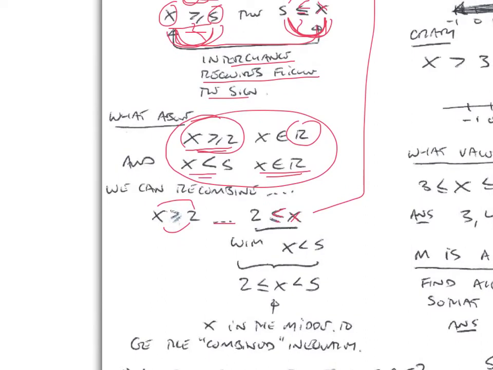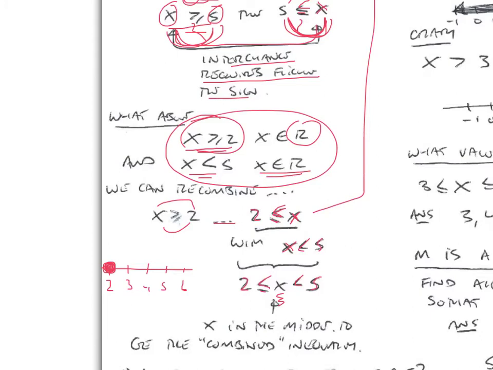Okay? And we're looking now to combine that with our x is less than 5. So we've x greater or equal to 2, but x also less than 5. So we kind of have x in the middle here where it's greater than or equal to 2, but it's less than 5. So if we have 2, 3, 4, 5, 6 on the number line, and it's a real number, so we use a thick line, but we're saying that this value of x is greater than or equal to 2, so it could be equal to 2, but it's less than 5.